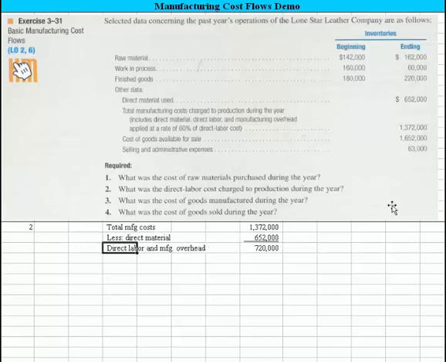Now, what does that 720,000 represent? It represents direct labor and manufacturing overhead. Let me say that another way: manufacturing overhead represents 60% of direct labor. So we know that the 720 really is equal to 160% of direct labor.